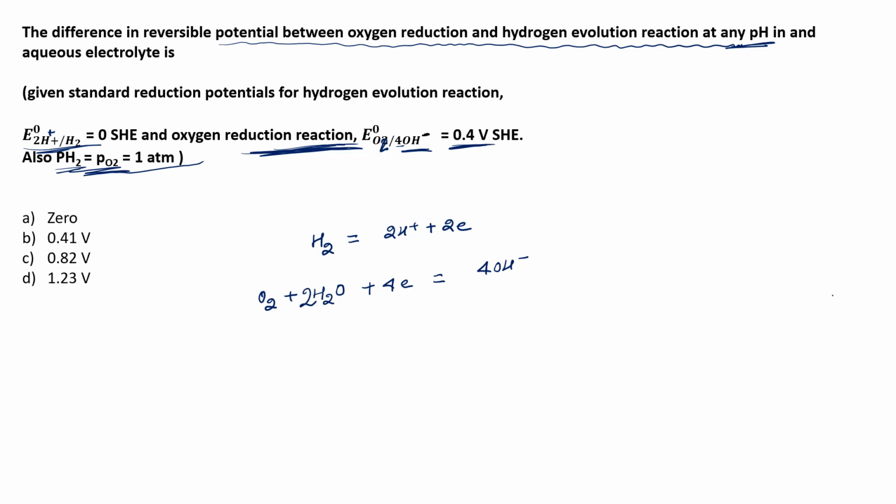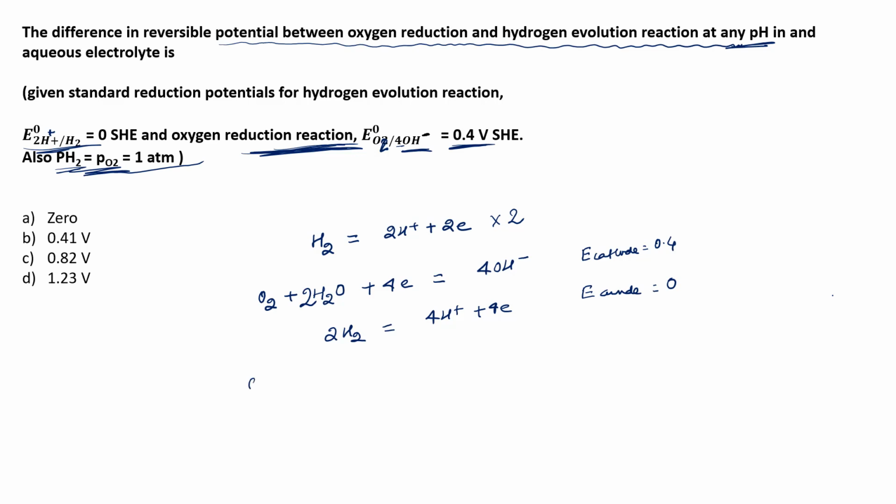So how will you balance it? Now you can see this will be the reaction, right? And the electrode potential of this, since reduction is taking place, it will be the cathode, equal to 0.4, and this will be the anode, right? So here 2 electrons are there, so we can multiply this one by 2 and write it again: 2H2 giving you 4H plus and 4 electrons, and this E of anode is equal to 0.